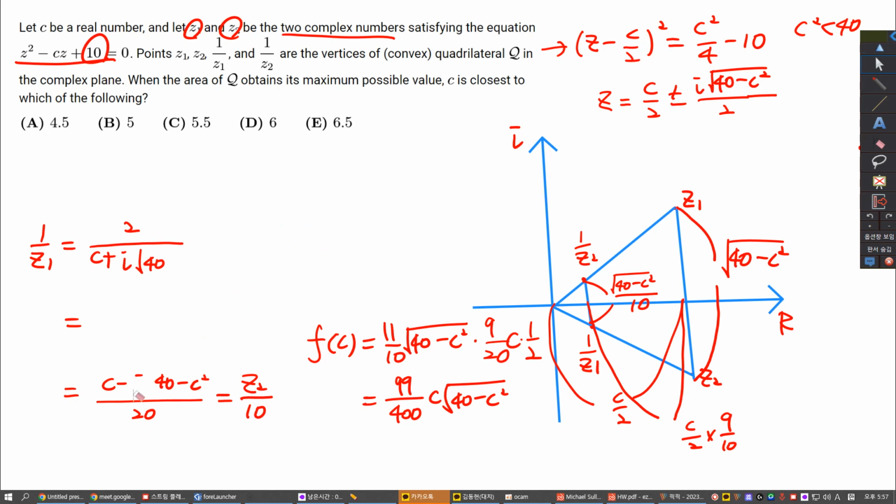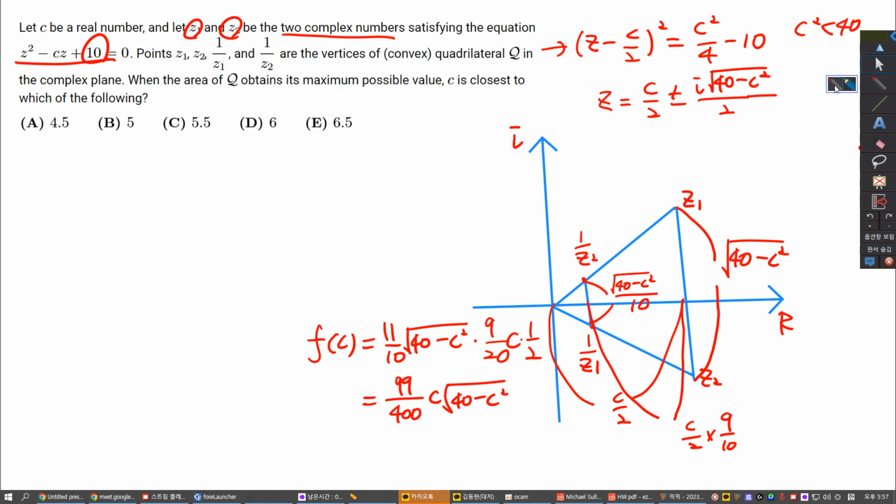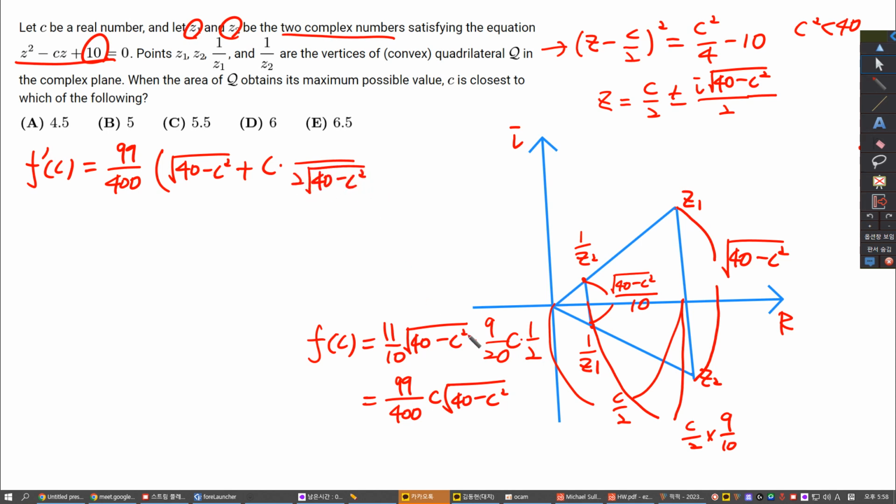So f prime of c, when it's differentiated, I'm going to use the product rule. The product rule means the first one is differentiated, and the second one is differentiated. And for the chain rule, the inside is differentiated.